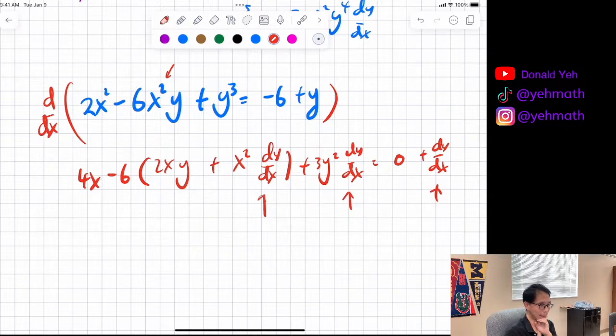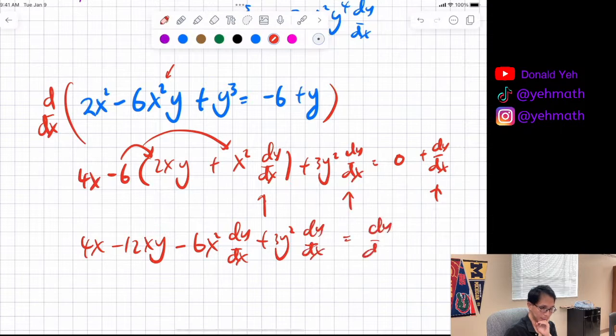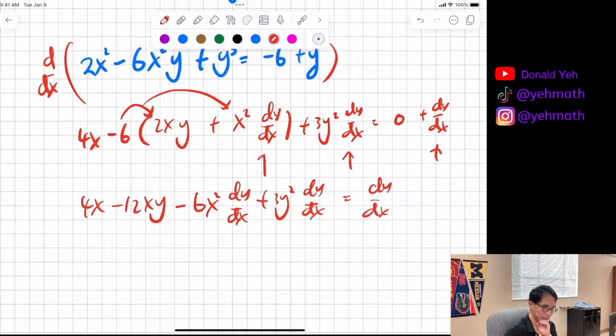Now, do you see all the dy dx terms? What I do is isolate them on one side, but I'm going to distribute first. So it's 4x minus 12xy minus 6x squared dy dx, plus 3y squared dy dx is equal to dy dx. Guess what? dy dx, dy dx, dy dx.